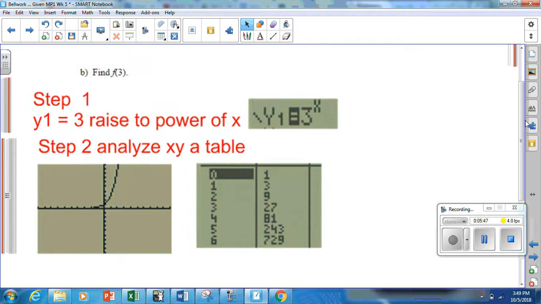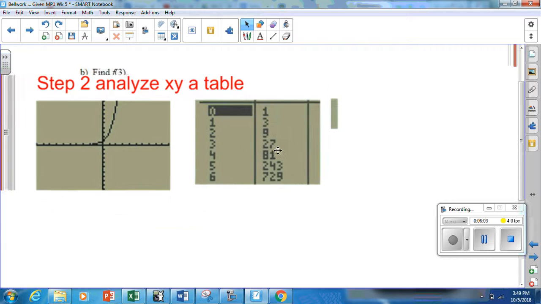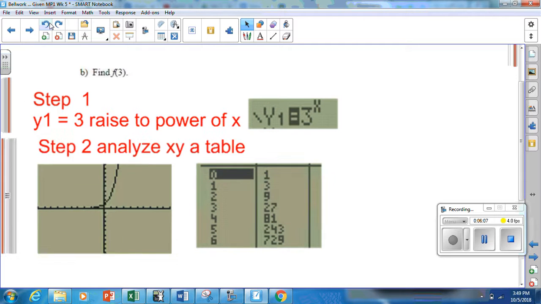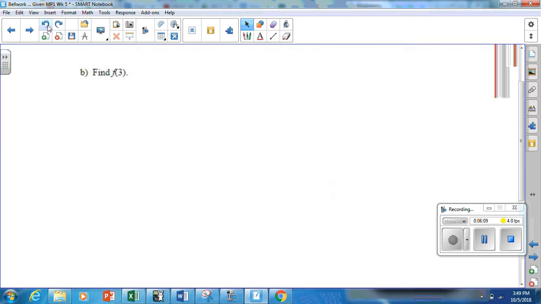Okay, so what is it? 3 raised to the x power. This is the picture when x is 3, y is 27. Guys, easy peasy.